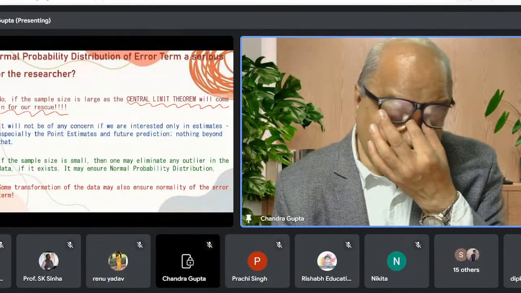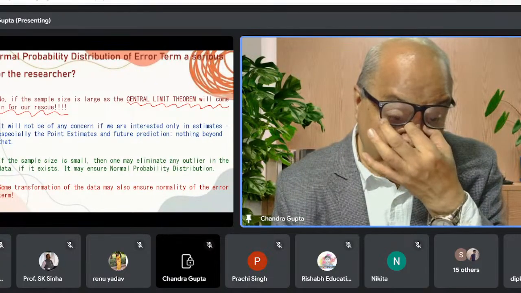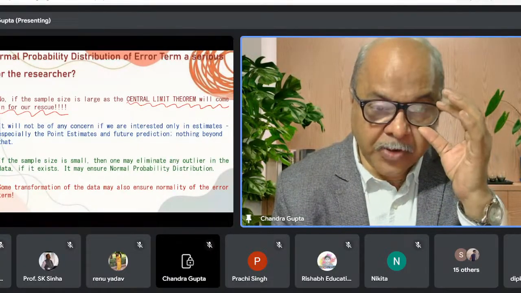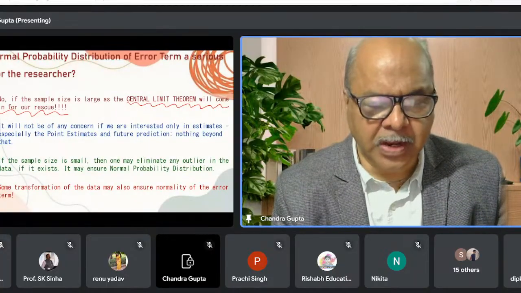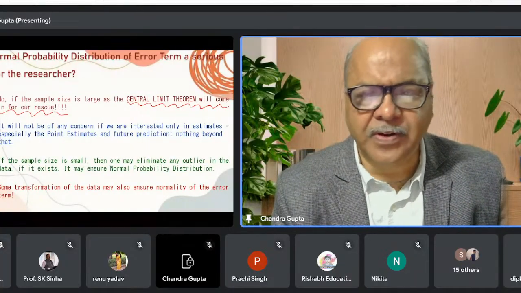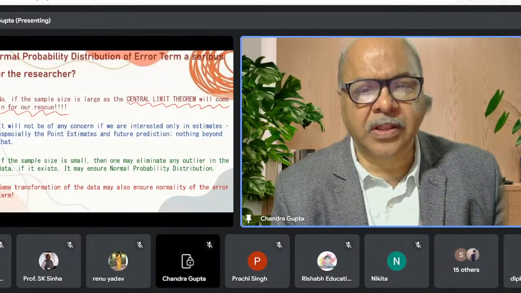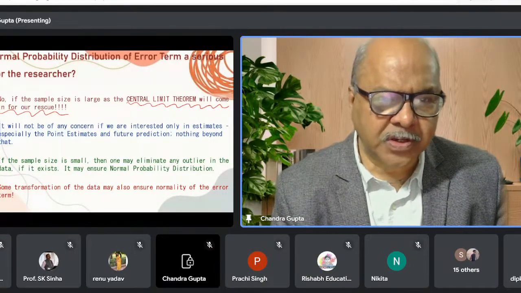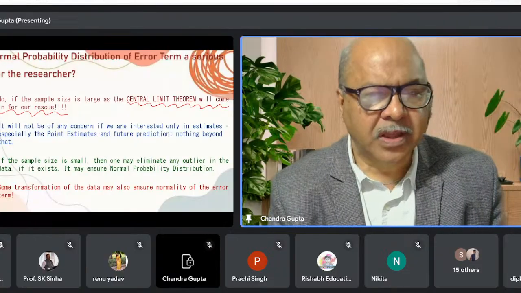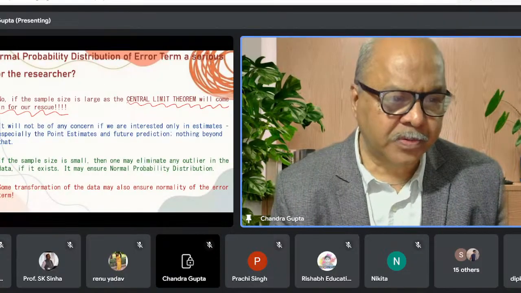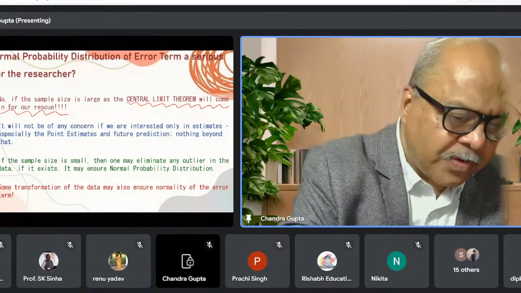If the sample size is small, then we should take care of the outliers and remove them in order to get normality of the data. Or we can do some kind of transformation, like taking the log of the variables, to ensure that the ultimate distribution is normal. That's how we will take care of it.